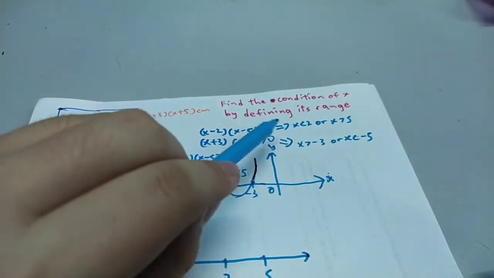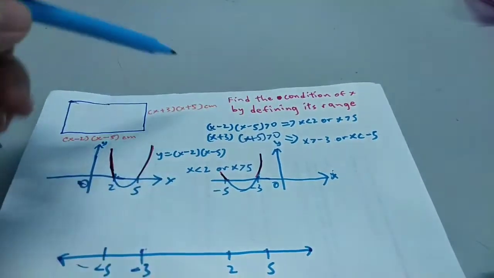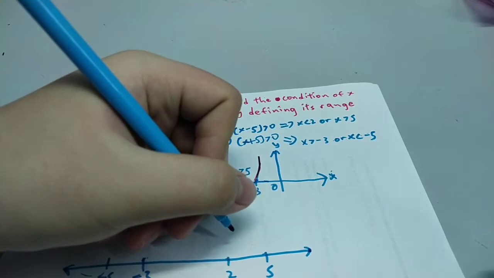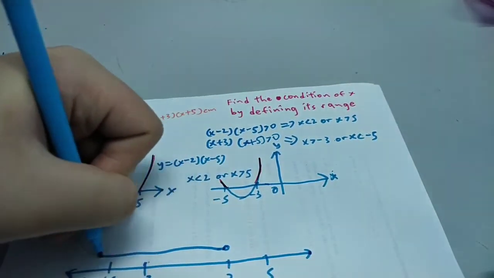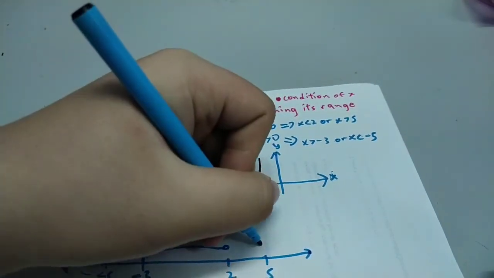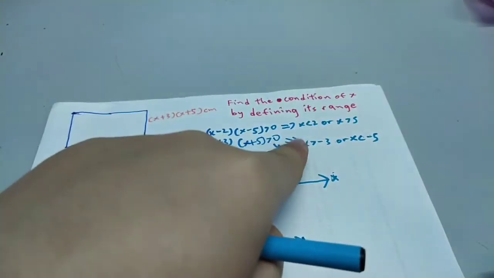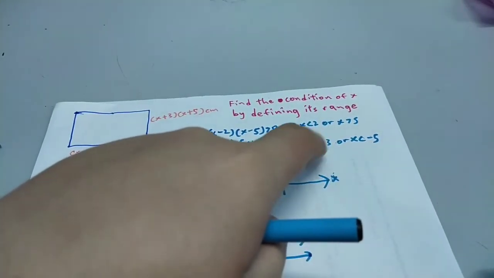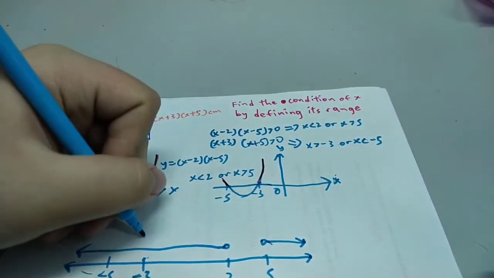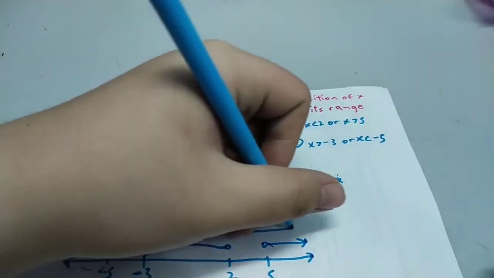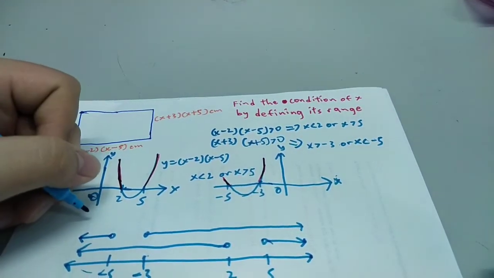So the first one is x is less than 2 or x is bigger than 5, sorry. And the second is x is bigger than negative 3 or x is less than negative 5.